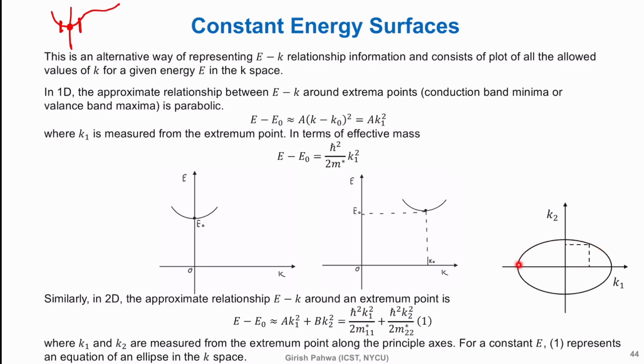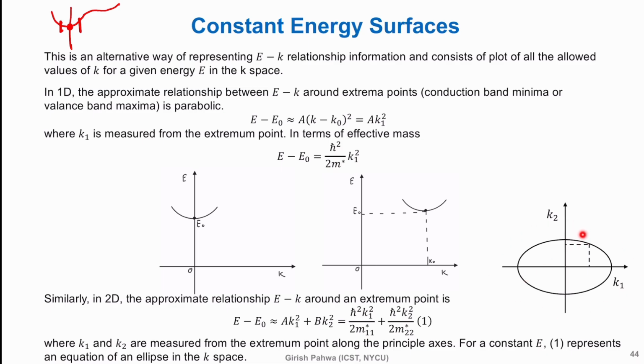Now at this ellipse, any point you take will give you the same energy. So the constant energy surface becomes this ellipse, right? Say this is my K1 and this is K2. So all of these points will have the same energy E. If you draw it for a different energy, say if I increase my energy, then you will get a bigger ellipse.